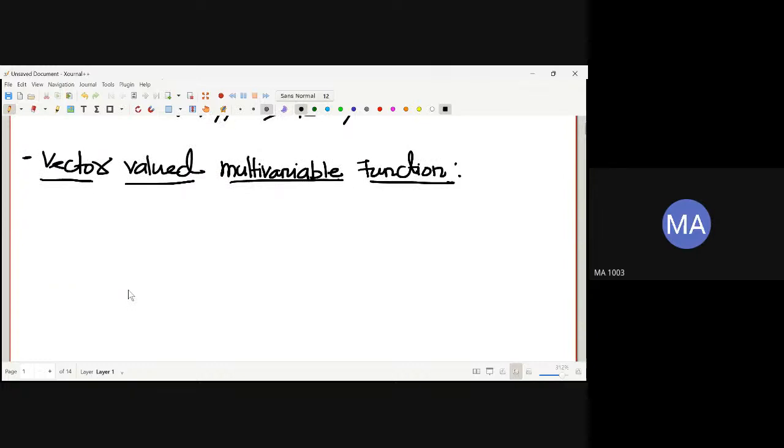Can one of you tell me the definition of a vector valued multivariable function? The function is defined from Rn to Rm, where m and n are greater than 1. Correct.